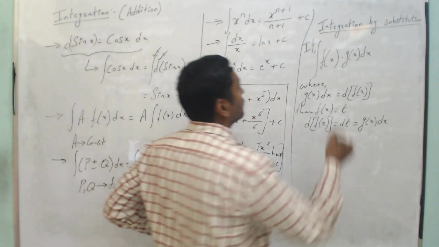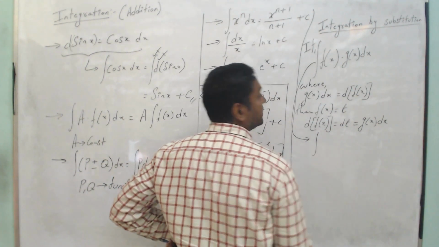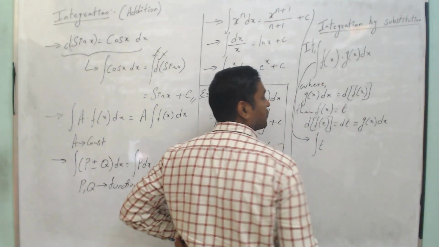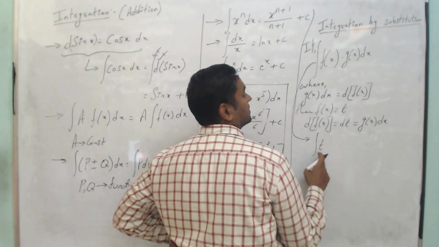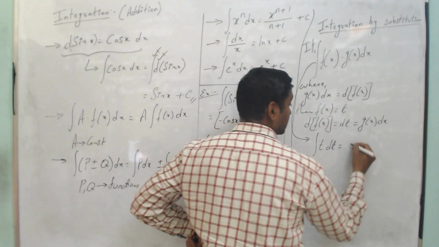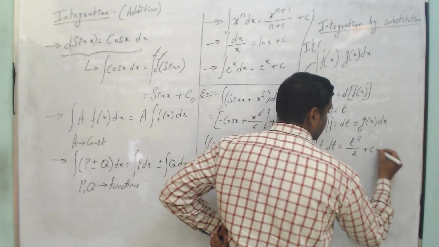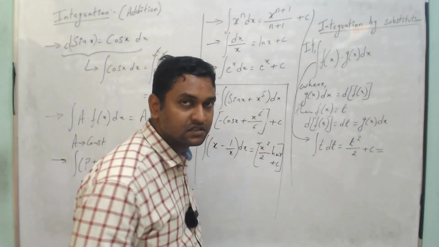Now the question will eventually transform itself into the integral of f of x, which is t, into dt. What is the integral of t dt? t squared by 2 plus c. Now t is nothing but f of x.